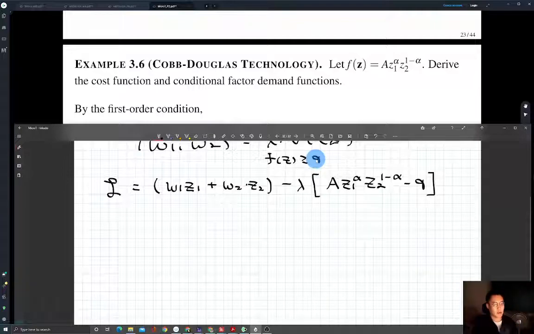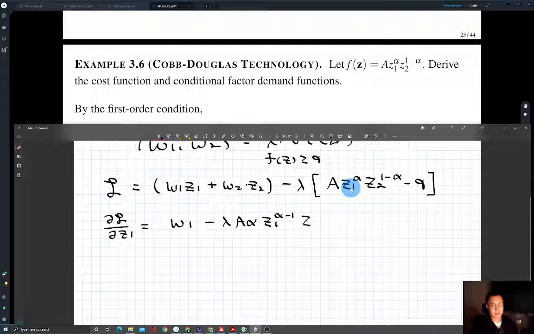Taking the partial derivative with respect to z1, we obtain w1 minus lambda times the partial derivative of the production function with respect to z1, that is A times alpha z1 to the power alpha minus 1 and z2 to the power 1 minus alpha, and set it equal to 0.